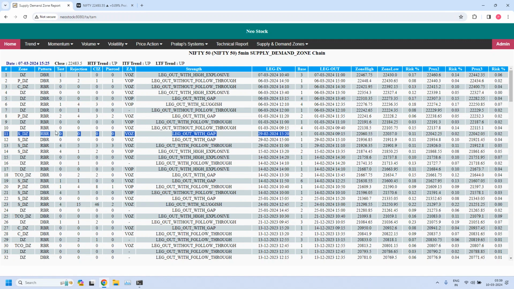And after that, the most recent high liquidity demand zone is the third one. But this is C underscore DZ. It's not as powerful compared to S underscore DZ. That is the point you have to understand in lower time frames. In weekly and above, C underscore DZ is much more powerful. Okay, at present we are seeing in 5 minutes.